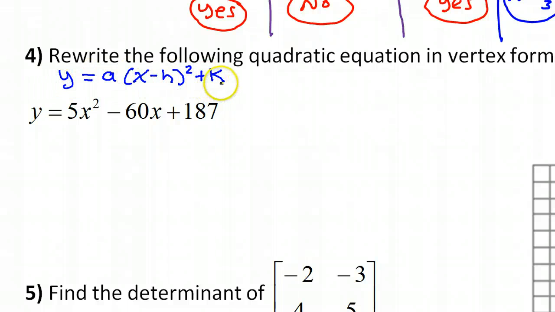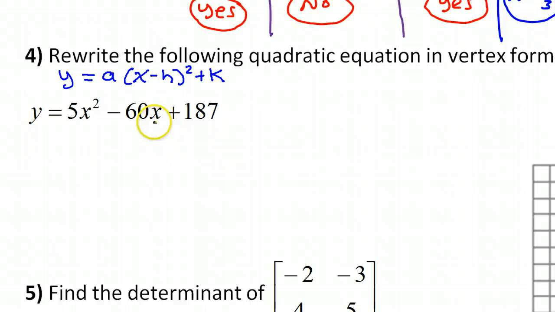Okay, so we have to change this into vertex form. What you have to remember is we convert this to vertex form by completing the square. This is the tougher kind of completing the square because it's got this leading coefficient. So be careful. Most of you guys, to be honest, usually get this wrong. But hey, better late than never.